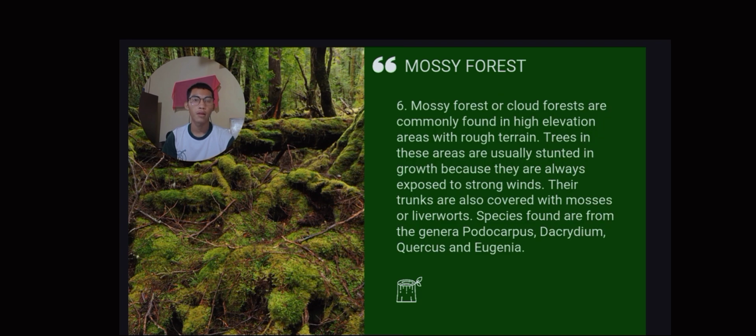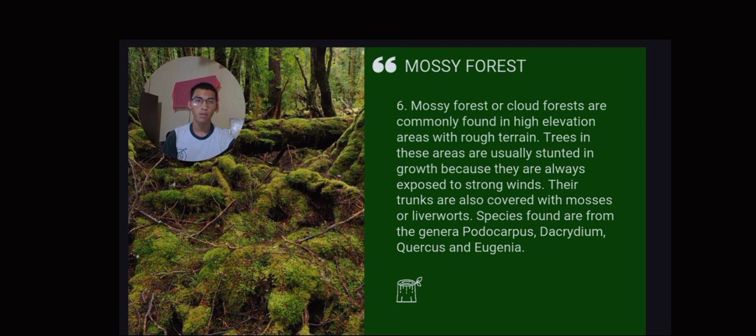Lastly is the mossy forest. Mossy forests are cloud forests that are commonly found in high elevation areas with tall terrain. Trees in these areas are usually stunted in growth because they are always exposed to strong wind.